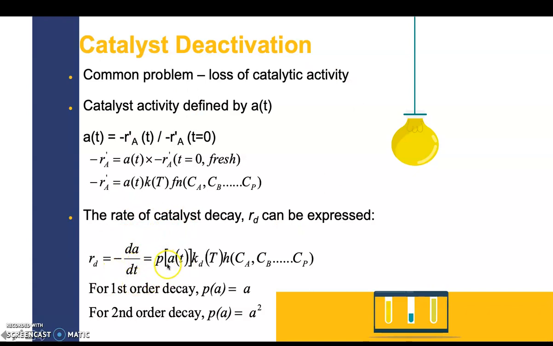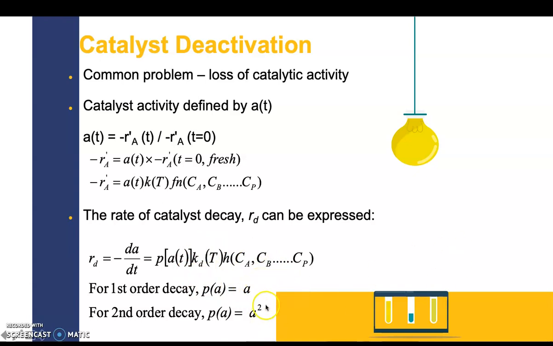So it's a function of A(t), and then your k_d is like your reaction rate constant, but this one is the decay rate constant, which is also related to temperature as in the Arrhenius equation. So as a function of C_A, C_B, it depends on your reactant and your product.